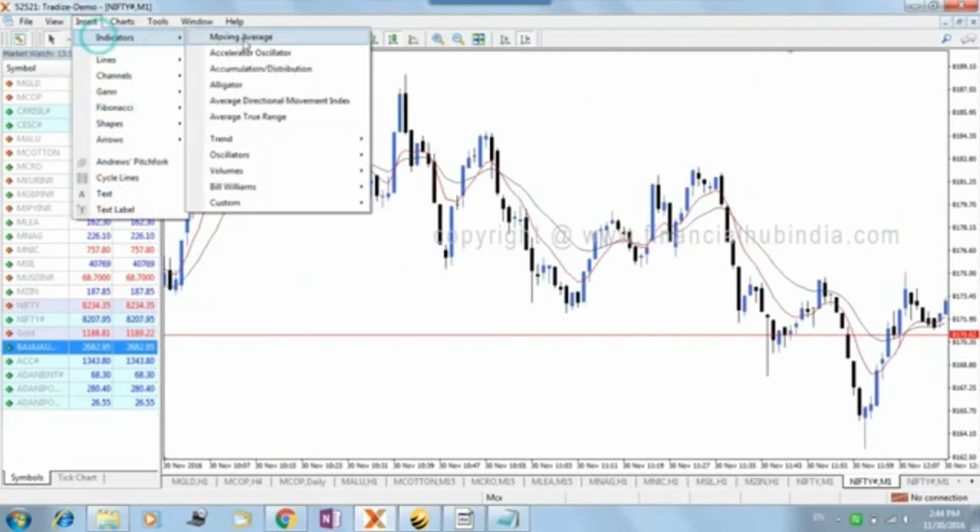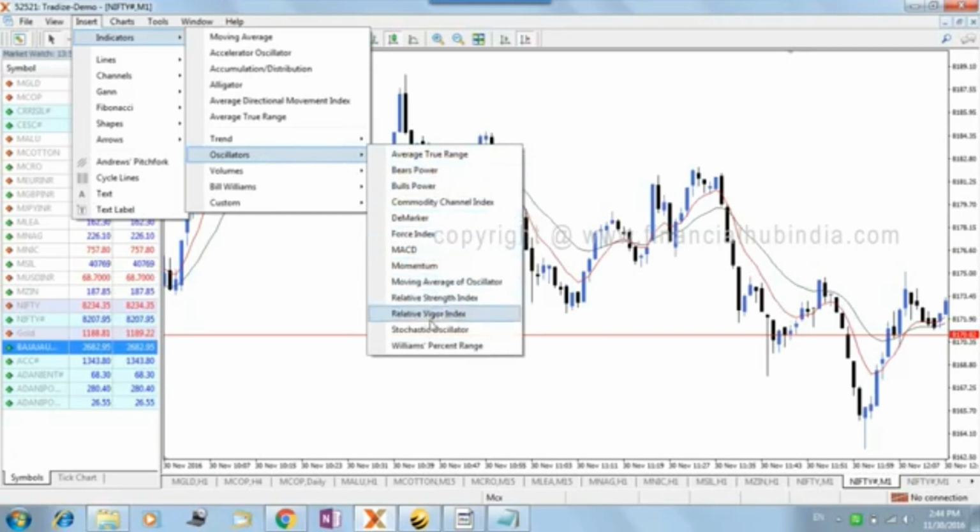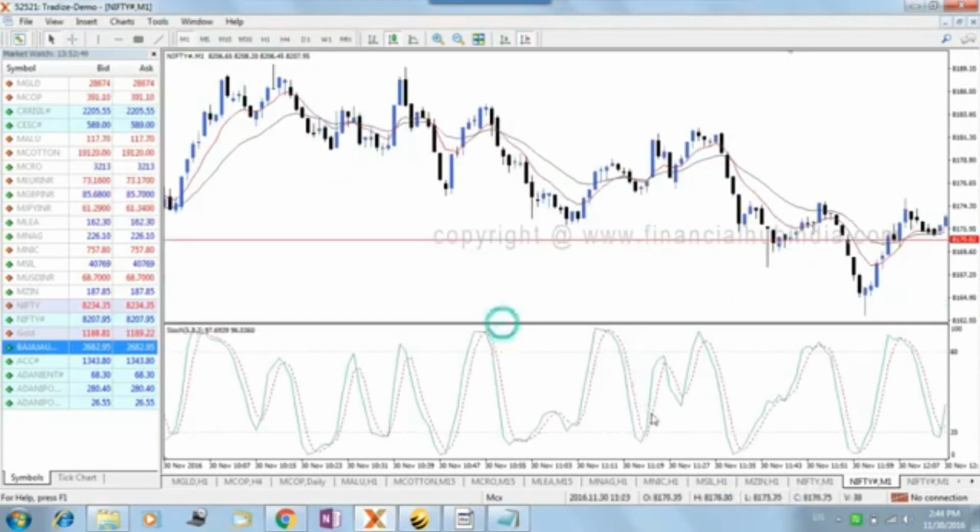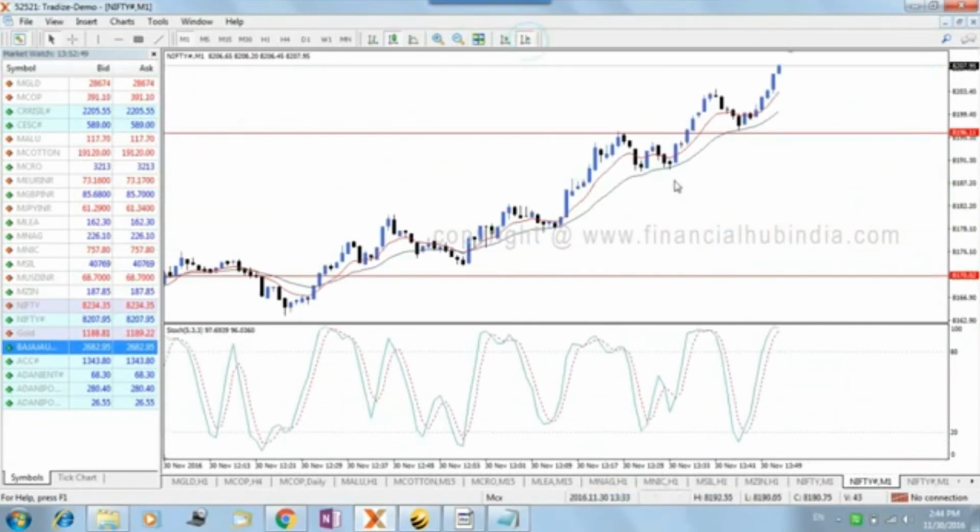Like the moving average, there is one more oscillator which is quite famous, that is stochastics. In stochastics, they trade based on these two levels. The 80 level is known as the overbought zone, and the 20 level is known as the oversold zone.